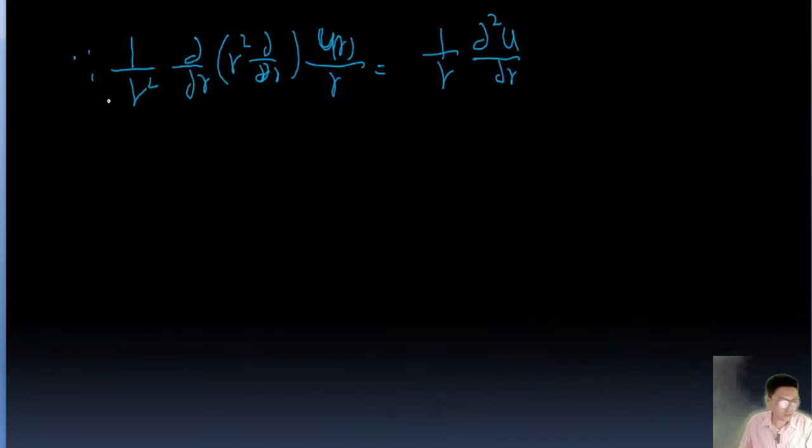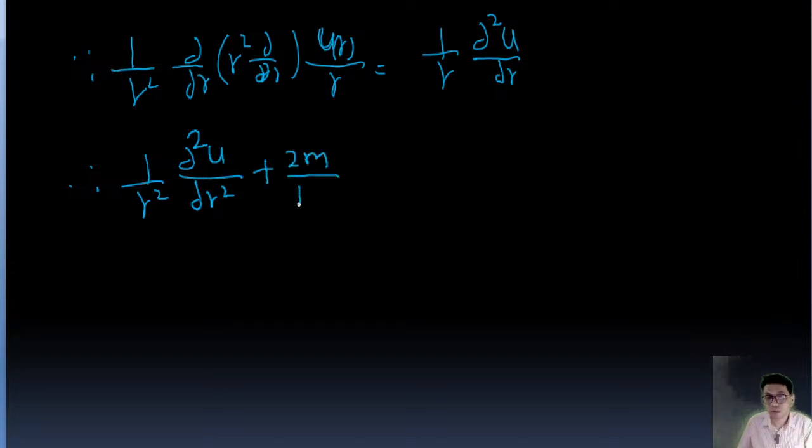So this is going to be 1 upon r del square u upon del r square plus 2m upon h cut square (E minus V(r)) u upon r equal to 0.